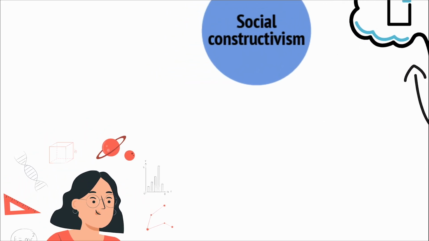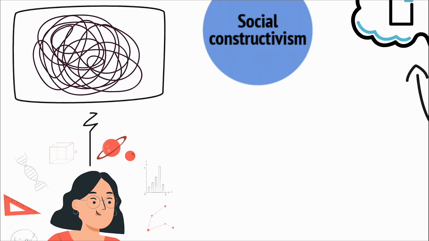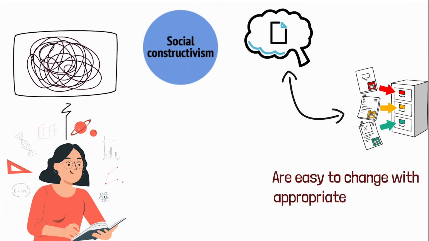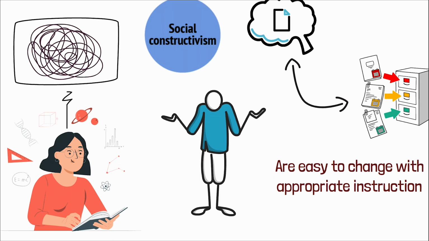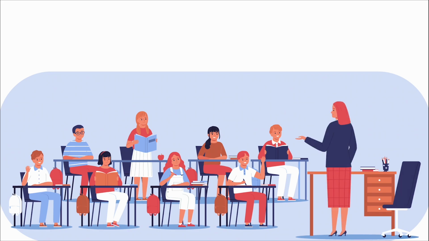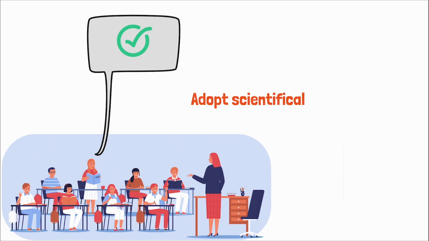Alternative conceptions, or misconceptions, are children's ideas that are not congruent with accepted scientific views, are easy to change with appropriate instruction, and are no cause for concern. These are common in students and must be addressed through targeted instruction that helps students become dissatisfied with their misconceptions and adopt scientifically accurate views.